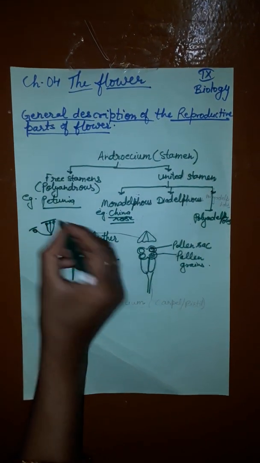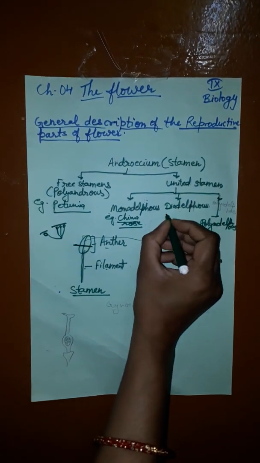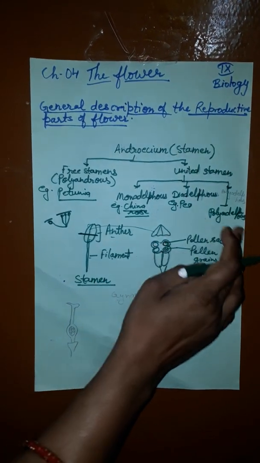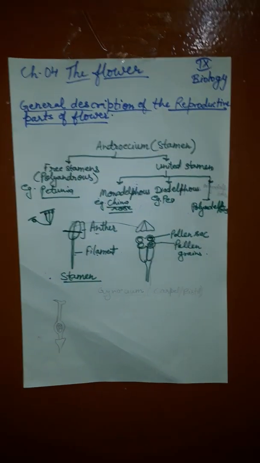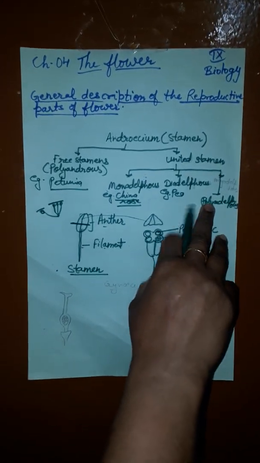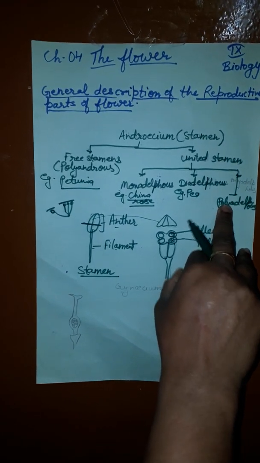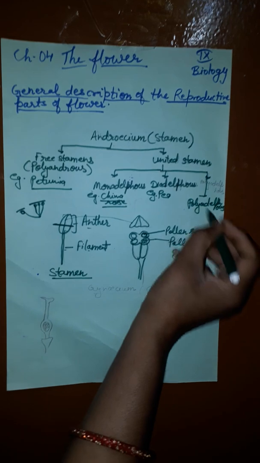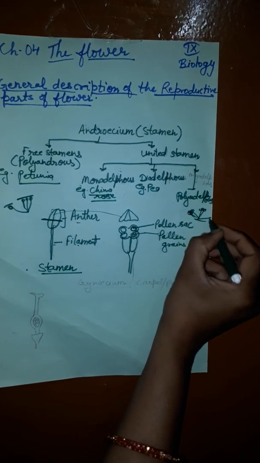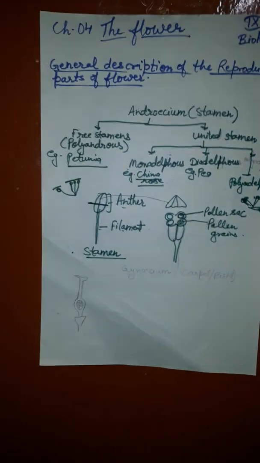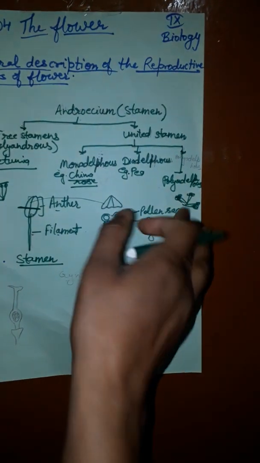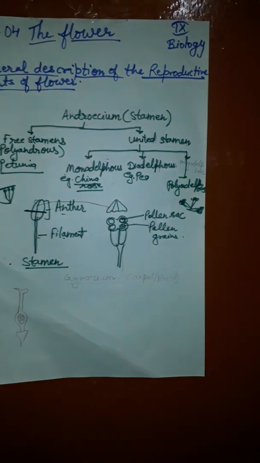There are two groups, and this condition is called diadelphous. And polyadelphous, like in Bombax. Here the stamens form so many groups like this: one group, two groups, three groups, more than one group, several groups. That is called polyadelphous condition.